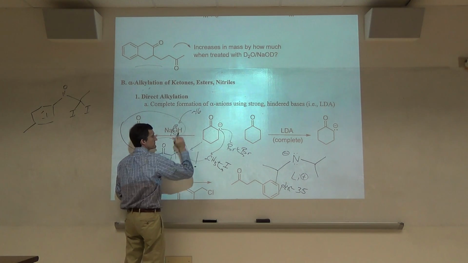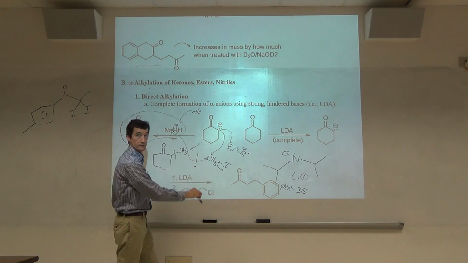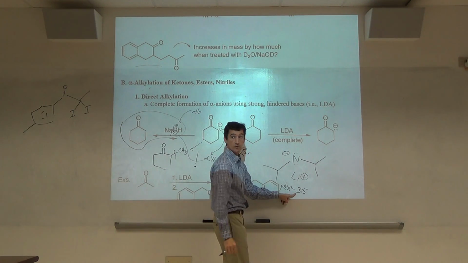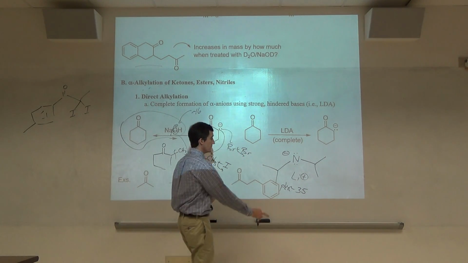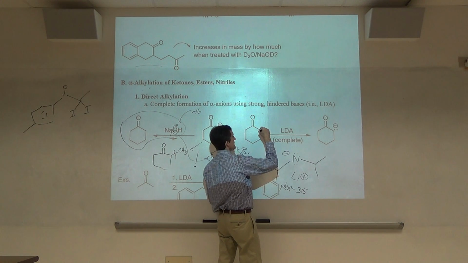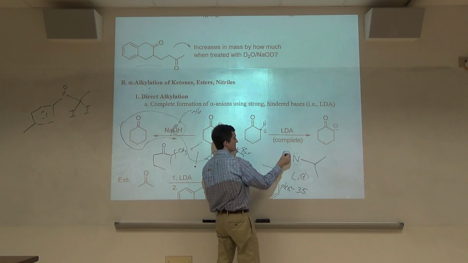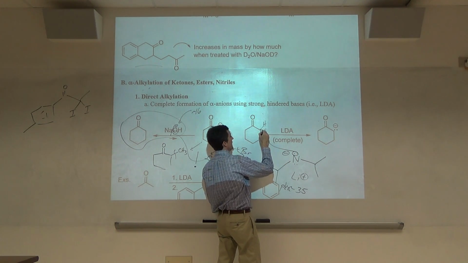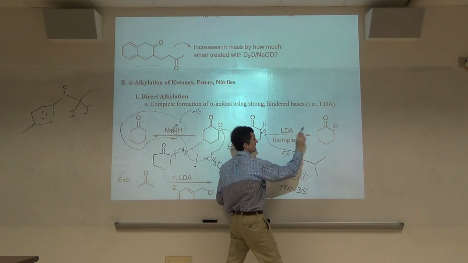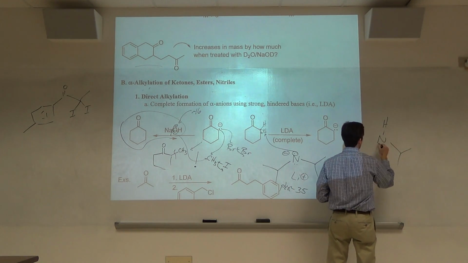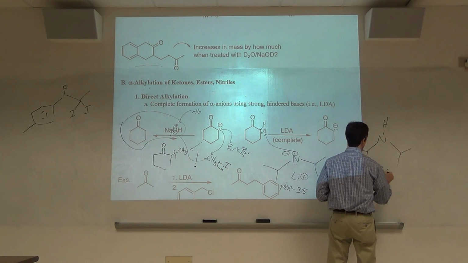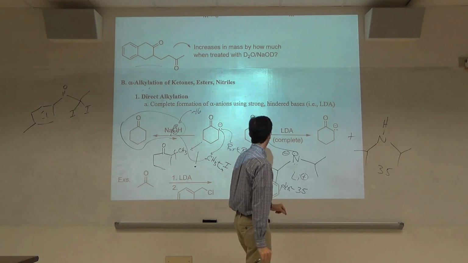About 16. Stronger base, 35. Everybody know your pKa's and what the numbers mean, high, low? Okay. Stronger base. This takes the H, leaves that behind. What do you get? You get this plus that, and that's 35. That's what I told you here.